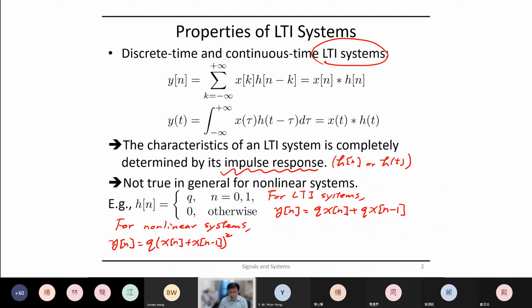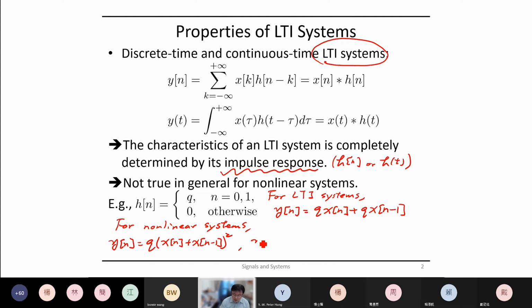For this system, if you take x of n equal to delta of n, you will again get an output response that is equal to q at time 0 and at time 1. So if you take x as delta of n, then you have q times delta n plus delta of n minus 1, squared, and the output will again be q at time 0 and 1.